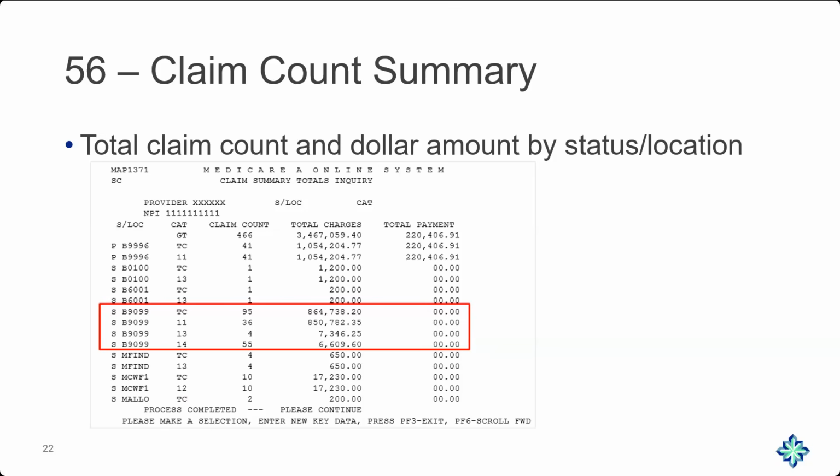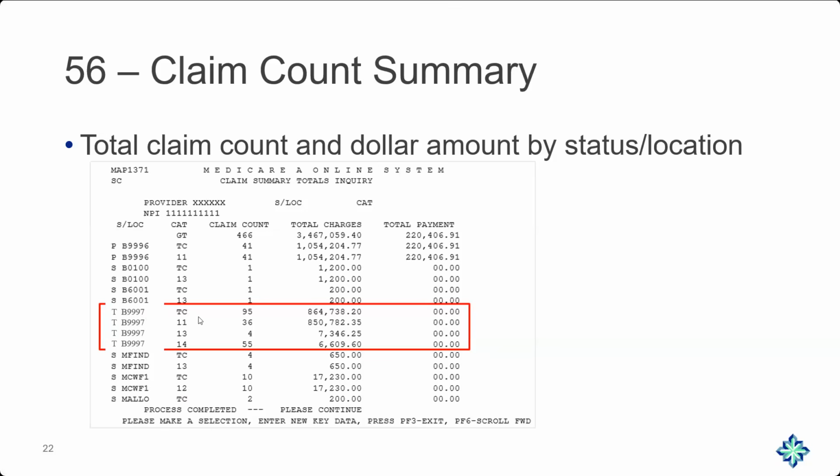I circled SB 9099 just because it has a variety, but we're talking about correcting claims. So let's pretend that this is actually TB 9997. There are 95 total claims in that status location for this NPI.